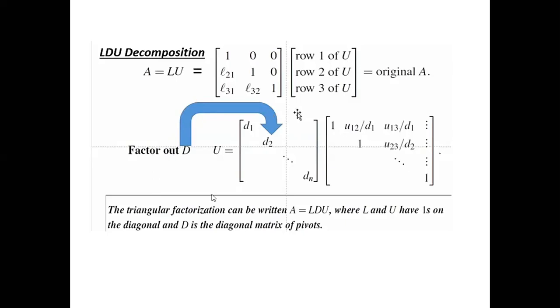So this triangular factorization can be written as A equal to LDU, where this L and this U have ones on the diagonal, and D is a diagonal matrix of pivots. It may not be clear by using this nomenclature, so let's try to solve a problem.